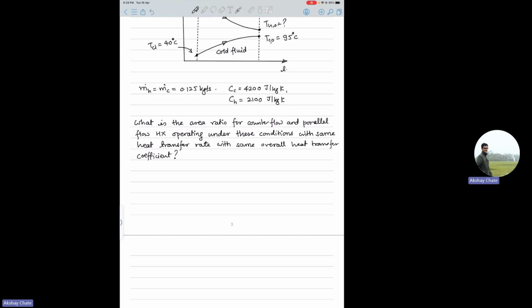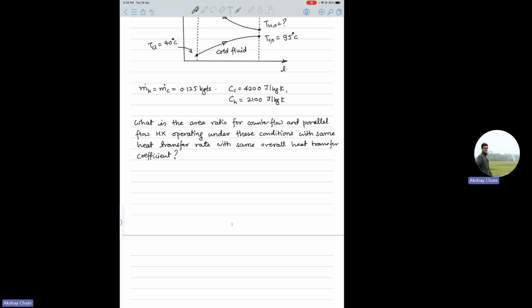In practice, it may not be possible to maintain same U and Q, but for the sake of problem solving, it is given like this, and that is not the point. The point conveyed here is to assume that there is not much change in the U, and practically speaking, you can consider it to be of the same order of magnitude or same value. In that case, what is the area requirement or area ratio?